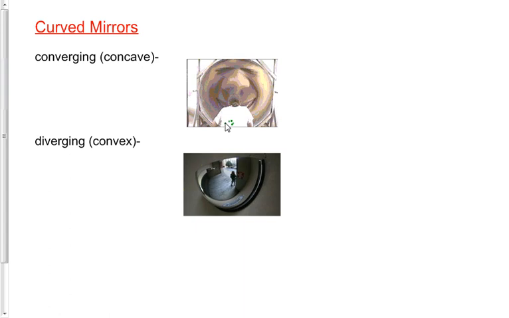The bottom one is diverging, convex. This one's the one that's rounded, thicker in the middle than it is at the edge. This is the one that we see at the hot tub at the pool in Okotoks, right? We see that so the lifeguards can go around the corner. They can see the entire hot tub without leaning over and bending around. You can cover more area with a diverging mirror or a convex mirror.